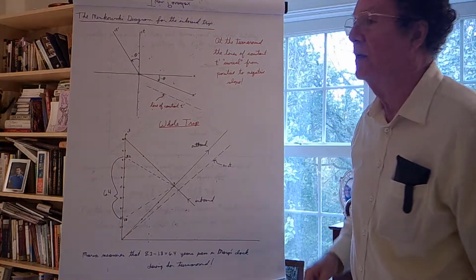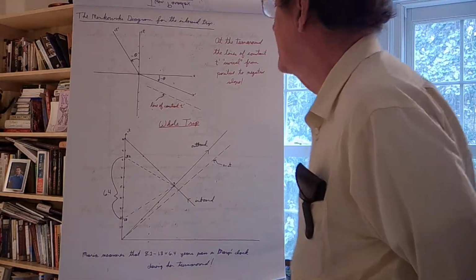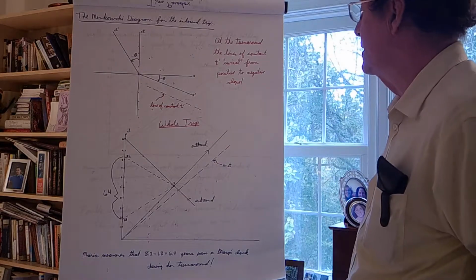So big change from inbound to outbound in the lines of constant T prime.